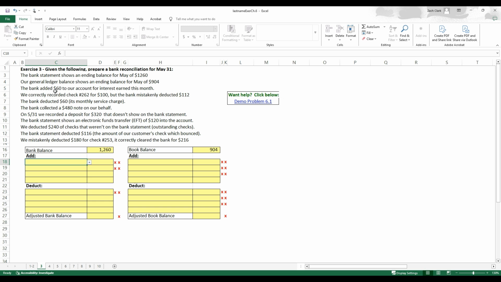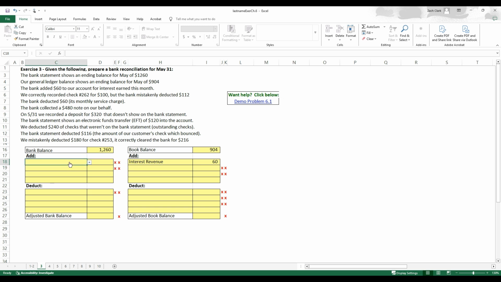So the bank correctly gave us cash for interest earned. But we didn't know that until we got our bank statement, essentially, right? So we just hadn't yet recorded that on our books. So the bank balance here includes that $60, but our books do not yet. So that's what we need to input. And again, that was interest revenue of $60.